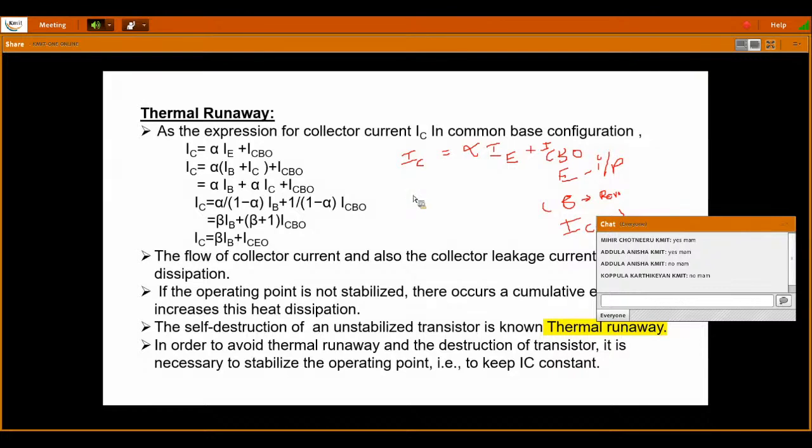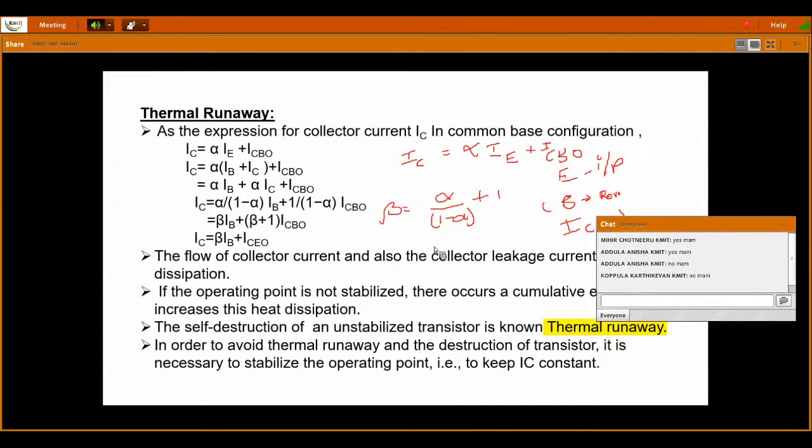As we know, we have a relation between alpha, beta, gamma: beta is equal to alpha divided by 1 minus alpha, in the common emitter configuration. So 1 by 1 minus alpha is nothing but beta plus 1.